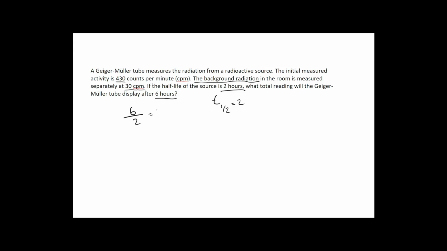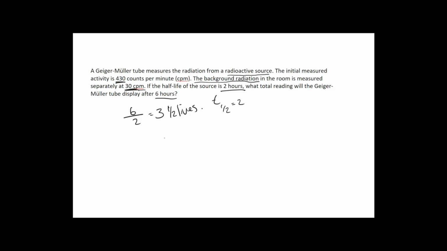By 2, that's going to be 3 half-lives. Okay, can you see the little trick here? What is the actual radiation that we're measuring from this radioactive source? It's not 430, it's 400, because 30 is the background radiation.